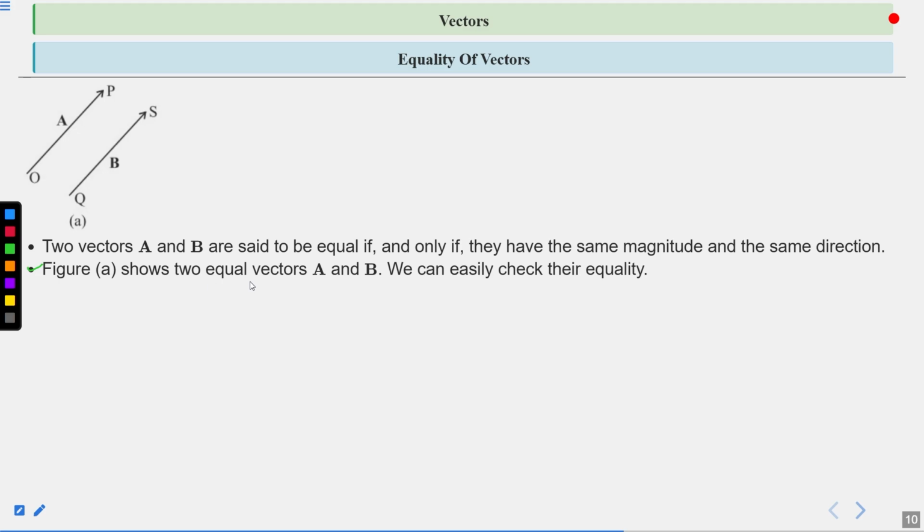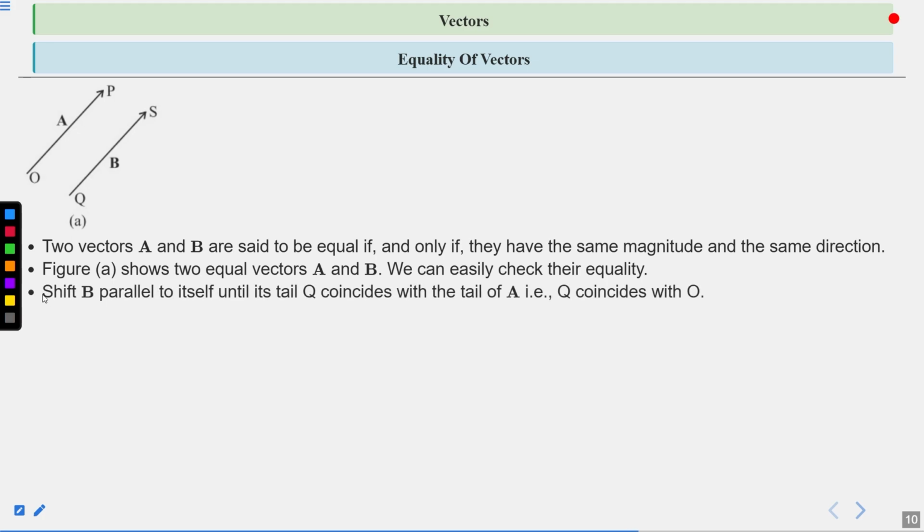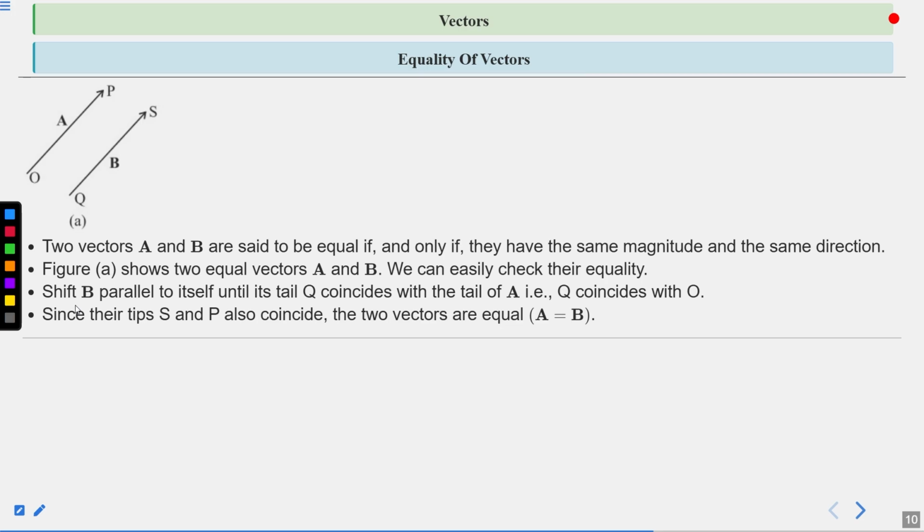Figure A shows two equal vectors, A vector and B vector. We can easily check their equality by the direction and by the length of the arrow. Shift B parallel to itself until its tail Q coincides with the tail of A. So Q coincides with O. Since their tips S and P also coincide, the two vectors are equal.